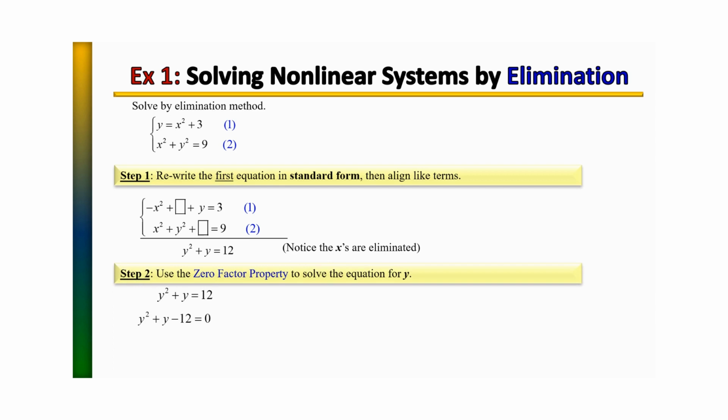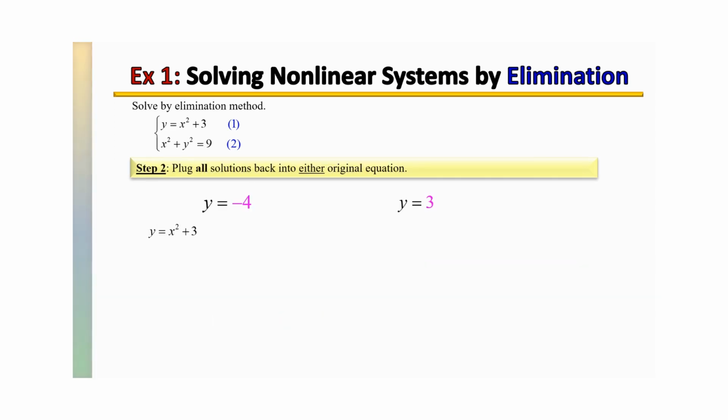Now that we have it in that form, we're going to proceed with the zero factor property by factoring it, then set each parentheses equal to 0 and solve for y. So we can do mental math with that. For the first one, we would need to subtract 4, so y would equal -4. On the other one, we're going to add 3, so y would equal 3. And those are our y solutions.